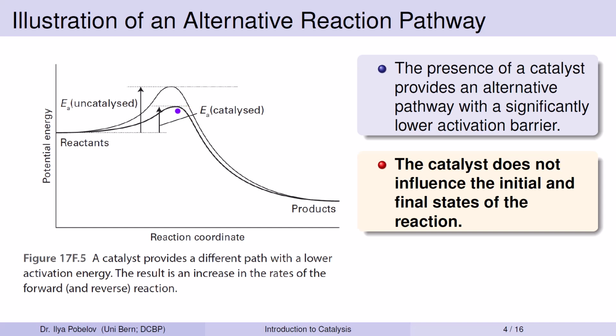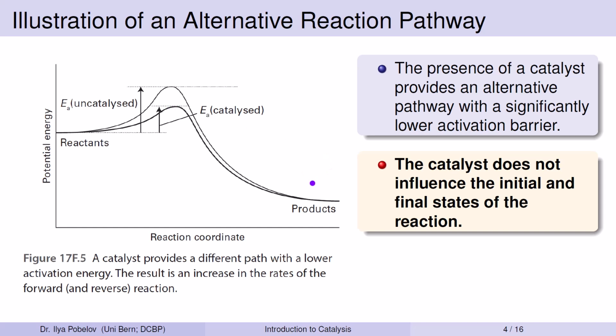The catalyst's role is confined to altering the reaction pathway, but it does not affect the overall energy change of the reaction. The energy released or required for the reaction, the difference in potential energy from start to finish, is the same with or without the catalyst.